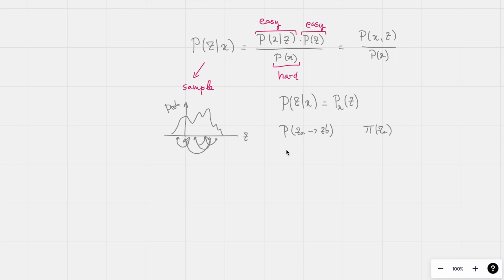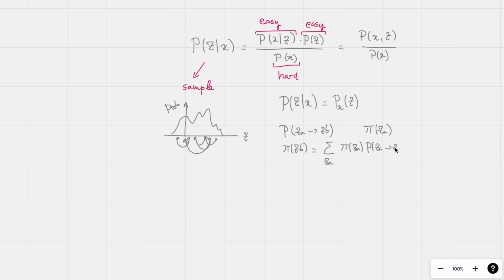So mathematically, we're saying that the definition of the stationary distribution is that it is the same to either start anywhere in this probability distribution, to be in particular at the point ZB, as it is to first pick any point we like from that distribution, pi of ZA, and then make a jump from ZA to ZB.